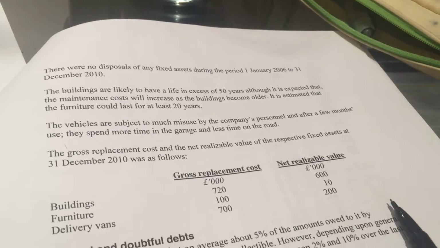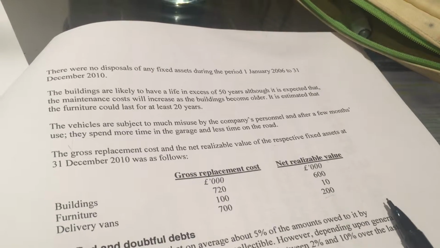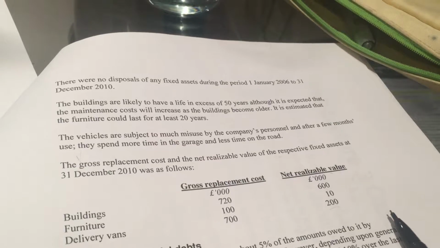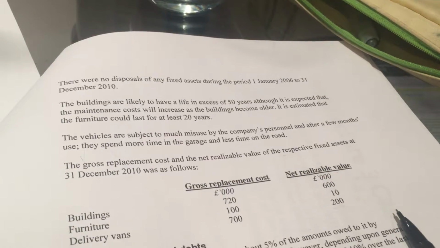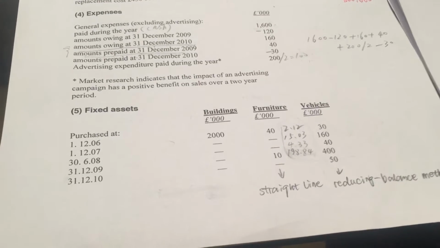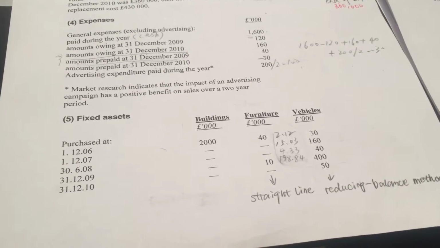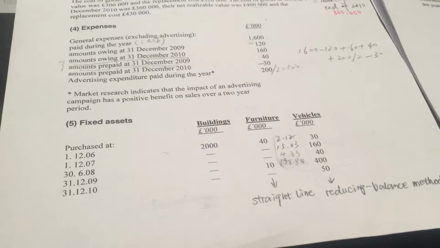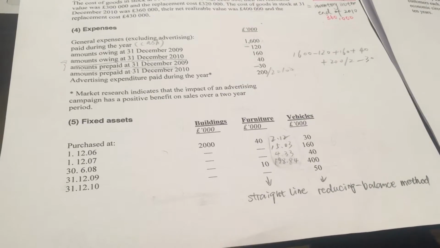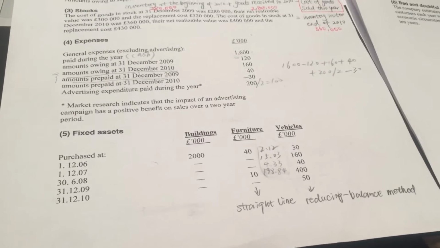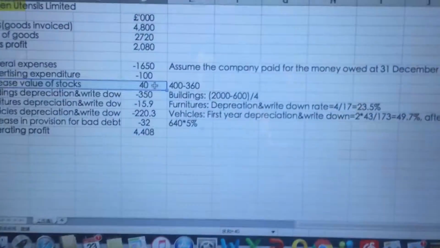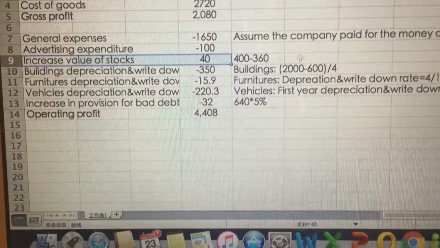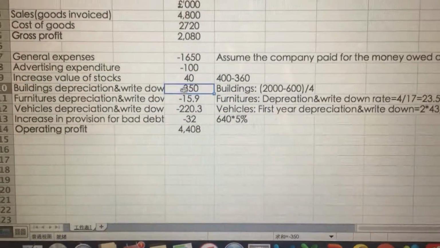So we think that as the buildings become older, the depreciation rate for the buildings should increase. But this case only considers the first 5 years. So we assume in the first 5 years, the buildings can use very simply the straight line method. And we got the result of minus 350 here.